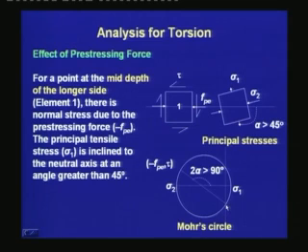The horizontal surface will be denoted only by this point on the vertical axis, which is only the shear stress, and the principal stress magnitudes are now different. Sigma 1 is much lower than sigma 2, and this is the benefit of prestressing, that the principal tensile stress is reduced for a certain torque.